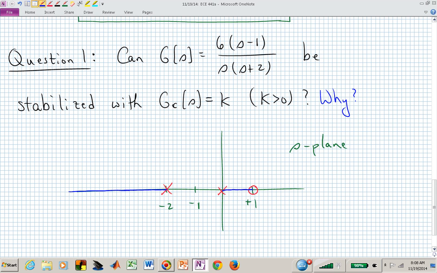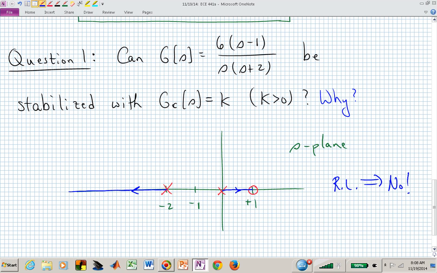And no matter how we adjust that gain K from 0 positive, that poor pole at the origin is going to be stuck in the right half plane. The justification then would be the root locus implies no, we cannot stabilize that system with a positive gain K.